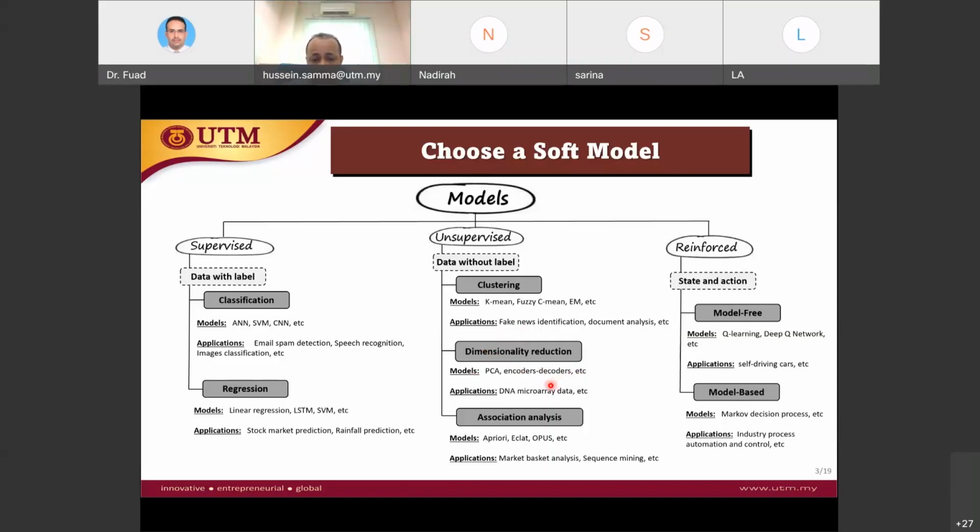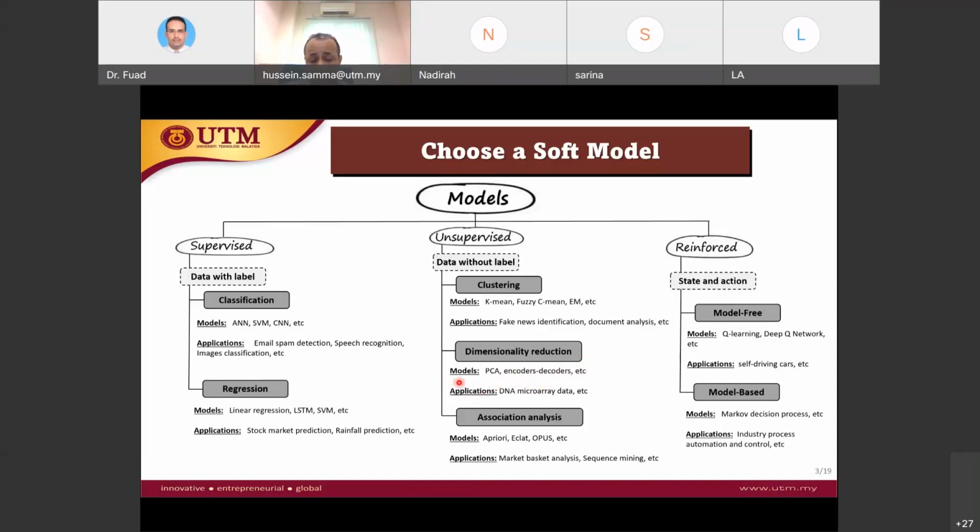The most commonly used is principal component analysis, which is the oldest one, and it's still applied in different applications. Recently, we have encoders and decoders, which were just recently developed and are related to deep learning techniques. So basically, all these models will work directly without labels.